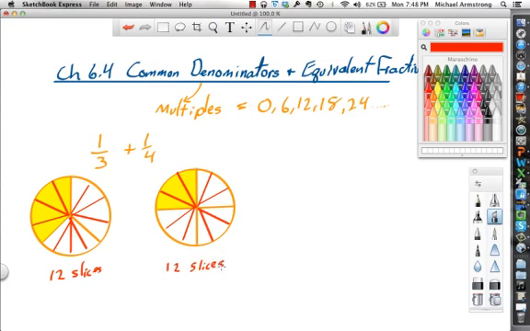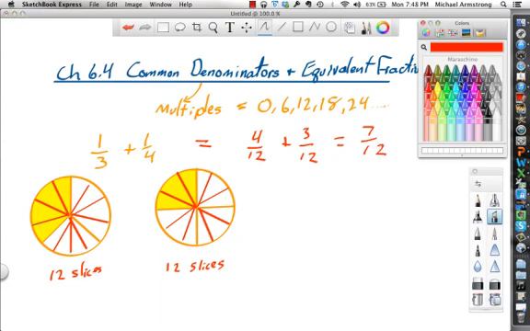If we're talking about pizza, 1/3 is the yellow slices, and 1/4 is these yellow slices. And you can see that 1/3 is the same thing as 4/12, and 1/4 is 3/12. And we can now add it and get 7/12.